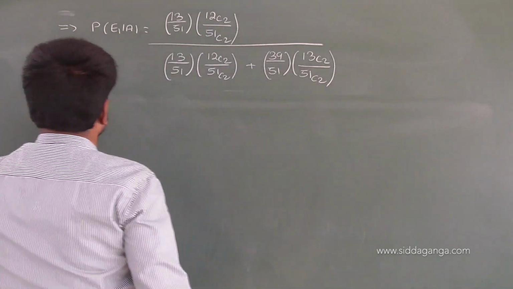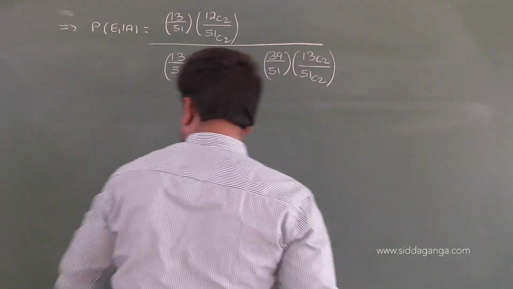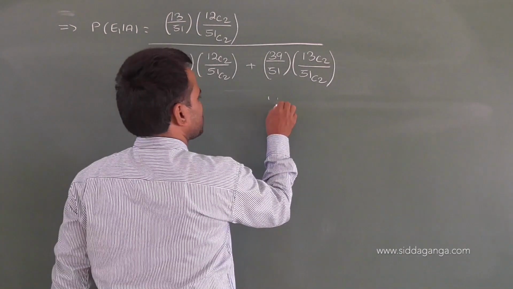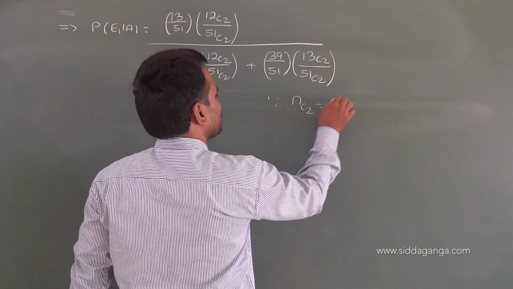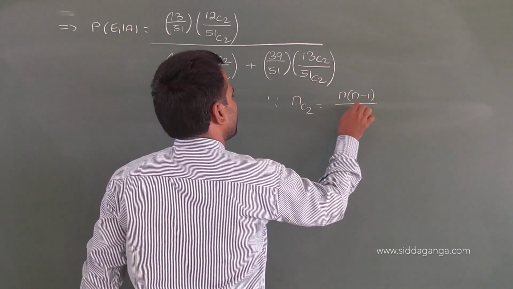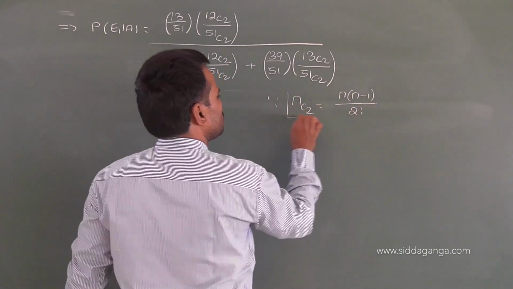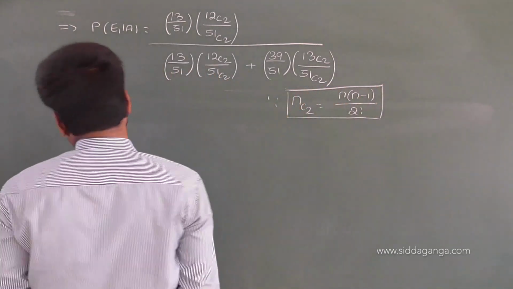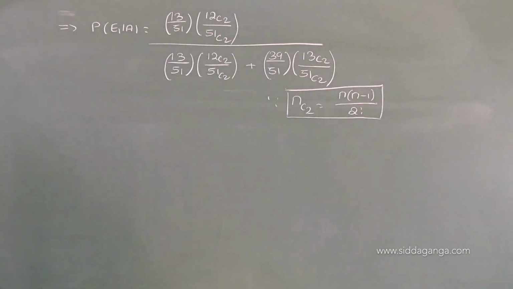NC2 is N into N minus 1 divided by 2 factorial.